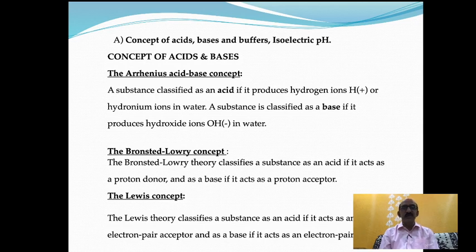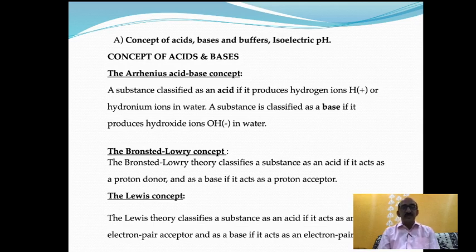It is a very simple definition according to the scientist Arrhenius. Acid produces hydrogen ions and base produces hydroxide ions. But there are some drawbacks, because some acids do not release hydrogen ions and some bases do not release OH minus ions. Therefore, it cannot properly define which compound is an acid and which compound is a base.